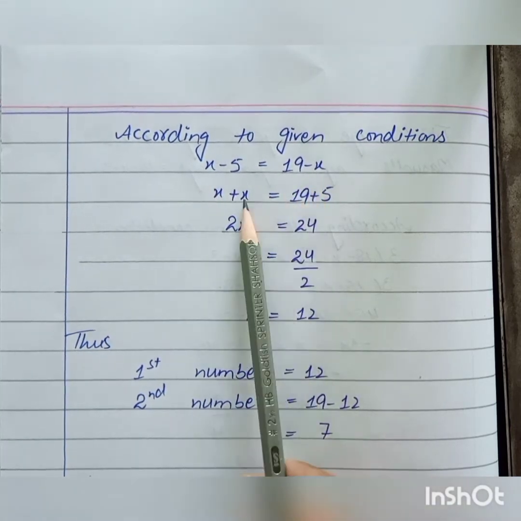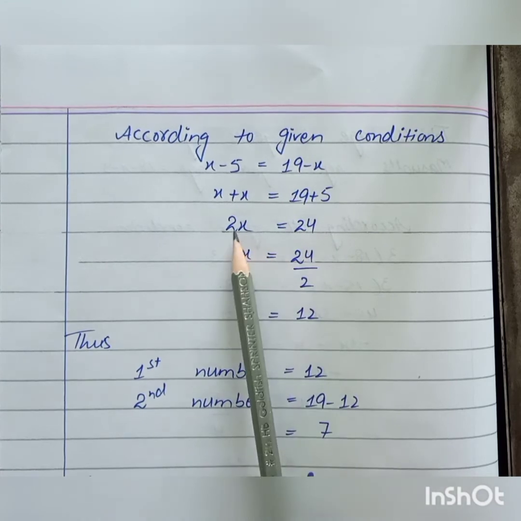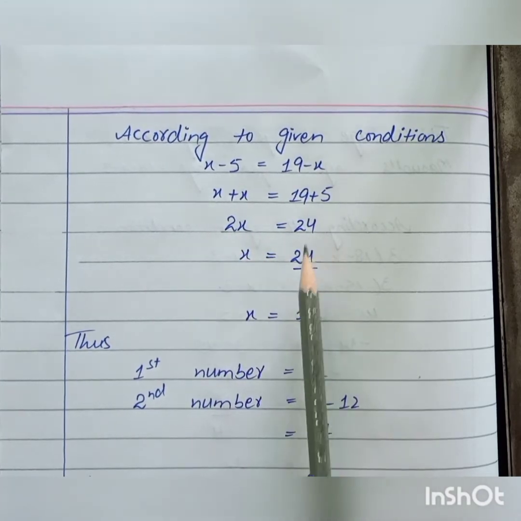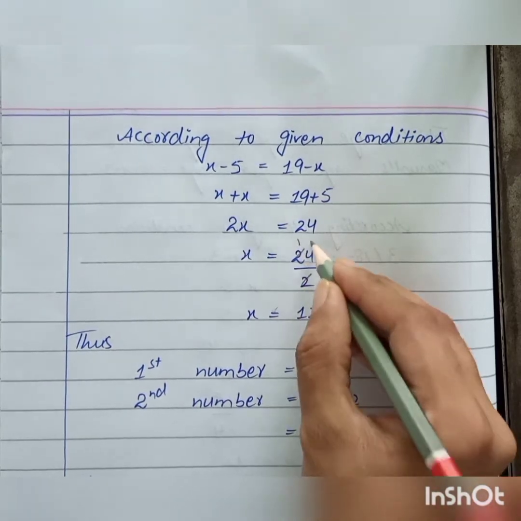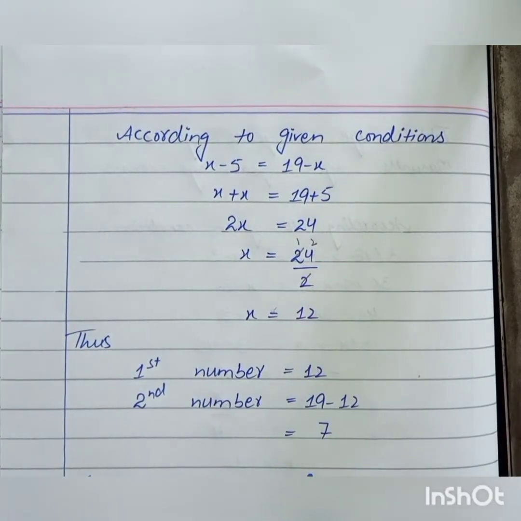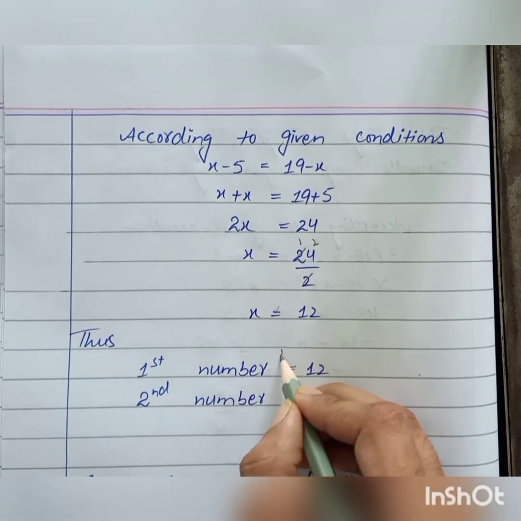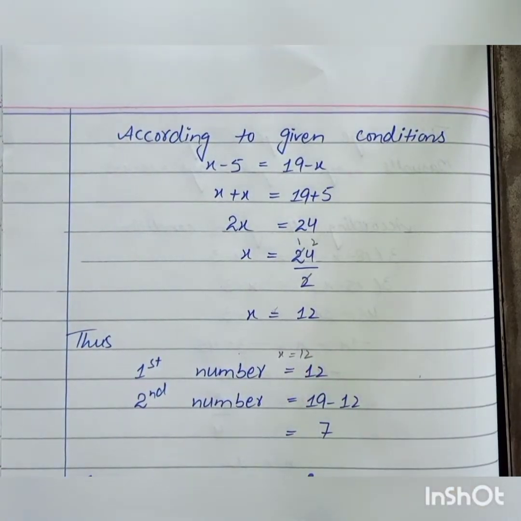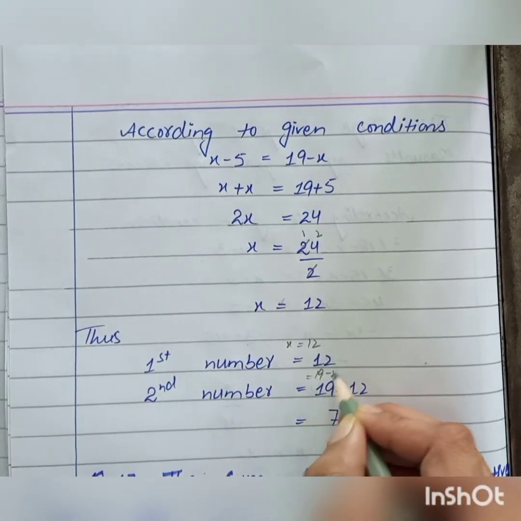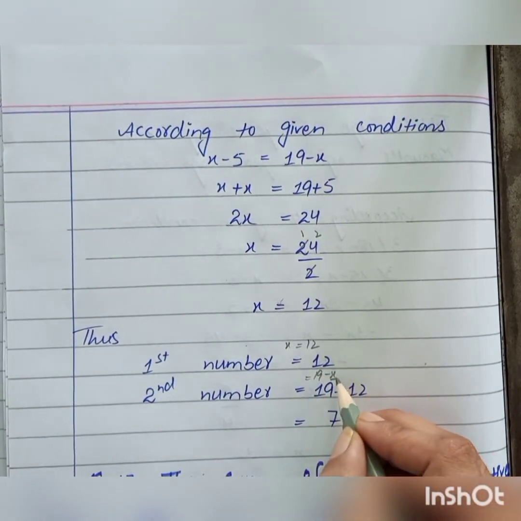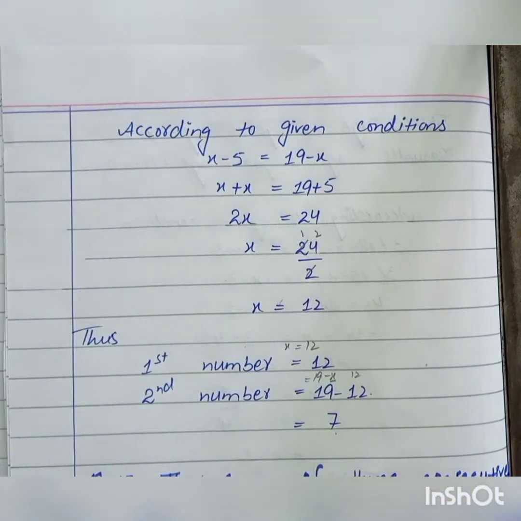So x plus x is equal to 2x, and 19 plus 5 is equal to 24, where 2 divides 24, so 2 ones are 2 and 2 twos are 4, so x is equal to 12, the first number. The second number is 19 minus x. When we put the value of x as 12, we have 19 minus 12 is equal to 7.